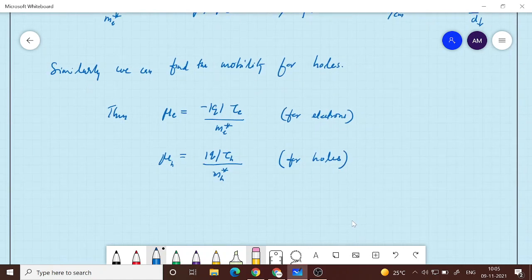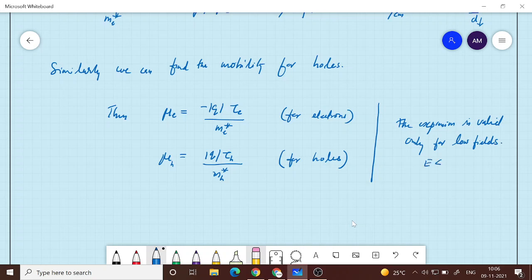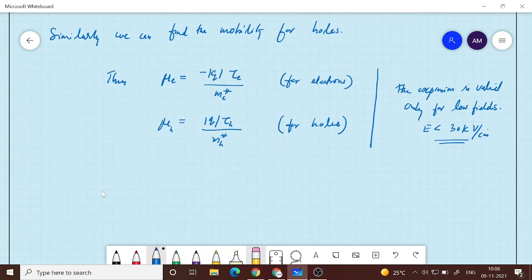I have to say that the expressions are valid only for low electric fields, again E less than 30 kilovolts per centimeter. What will happen after we increase the electric field beyond that? That I will come later.